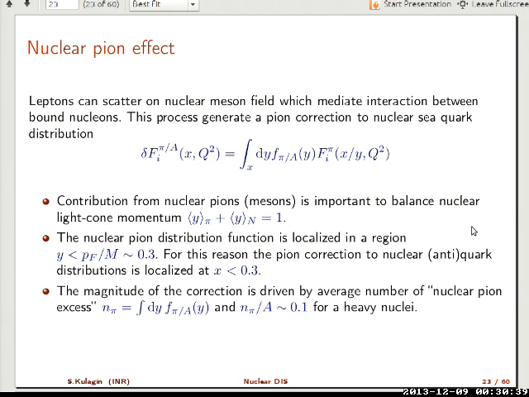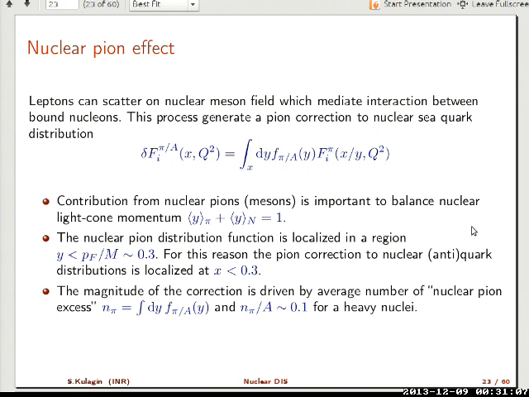But before we try to fix it from data, one has to take care of other corrections. So for the impulse approximation, just to mention, if you calculate the light cone momentum in the impulse approximation, then we observe that this light cone momentum is not one, is not unity.